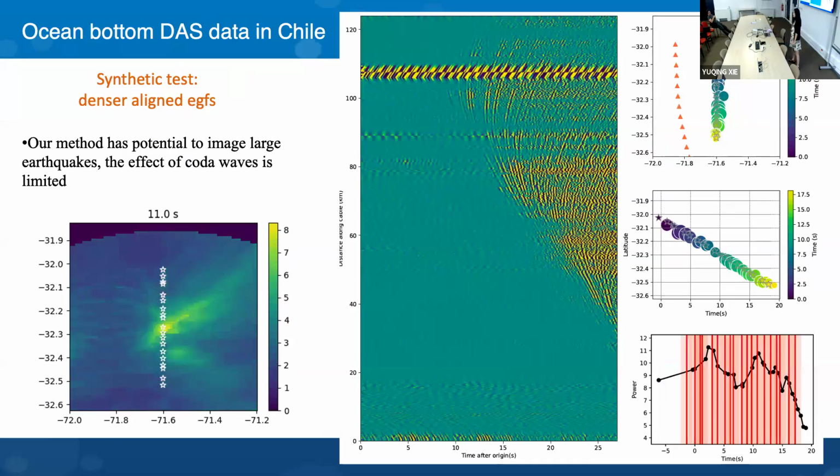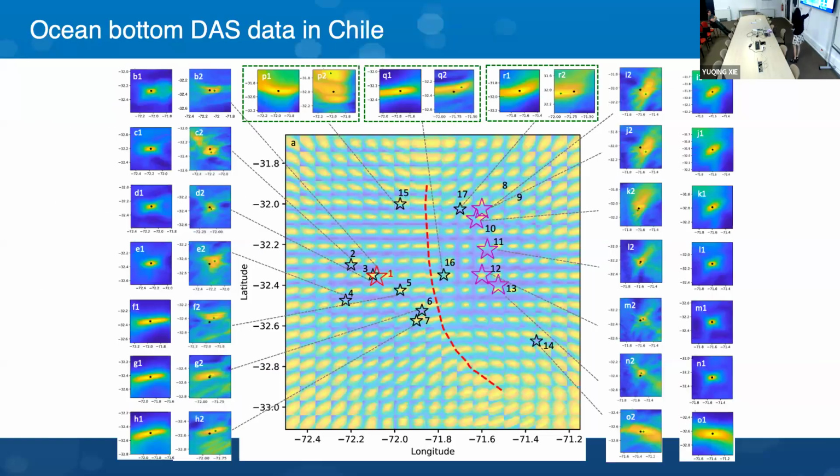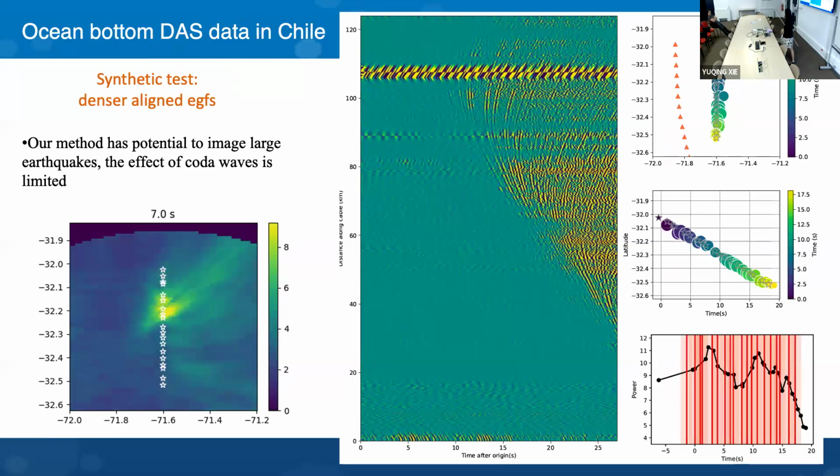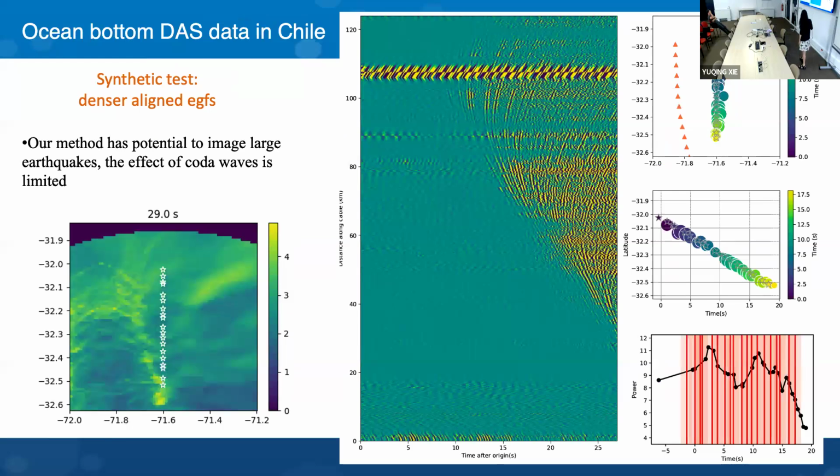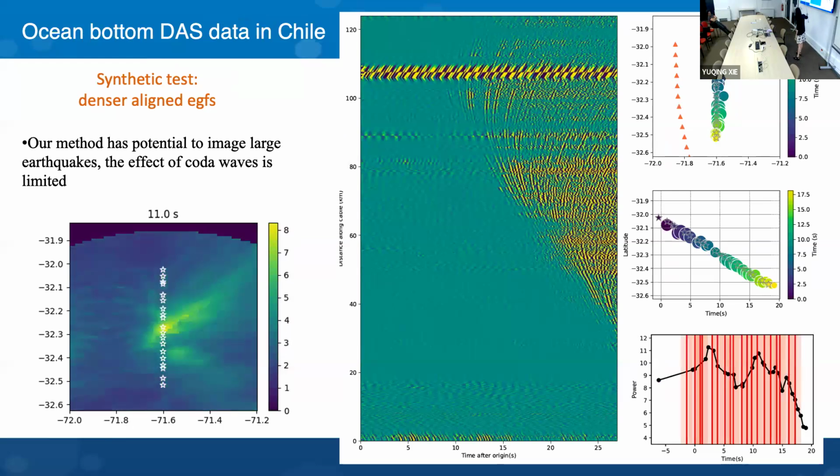The real strength of the back projection is to image the rupture process of a large earthquake. So we pick some point sources here, shown by these magenta stars, as empirical Green's function events, and then we generate this synthetic test for a magnitude 7 earthquake. These are the input locations of the subsources, and this background is the result of the back projection. We can see that both the locations and the time are resolved very well compared to the input.